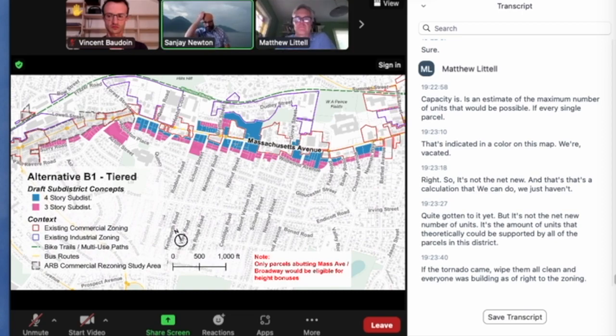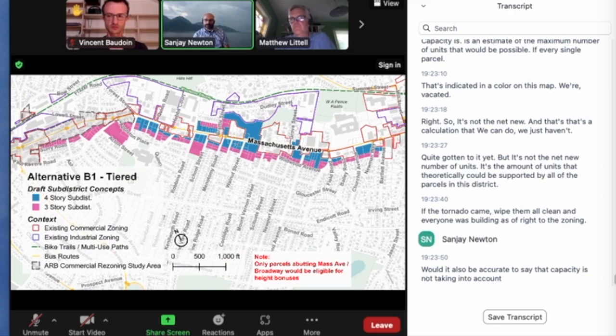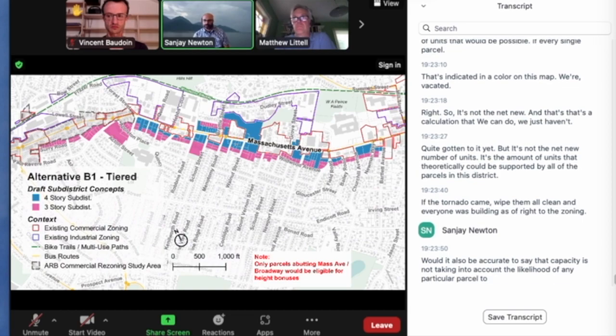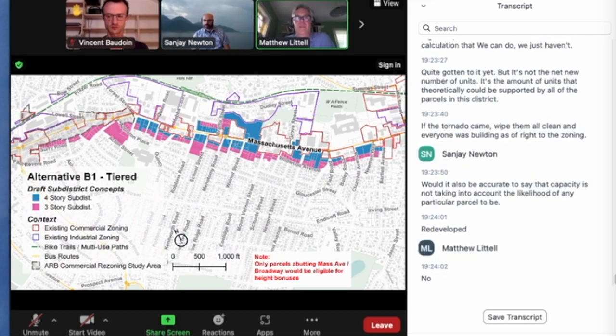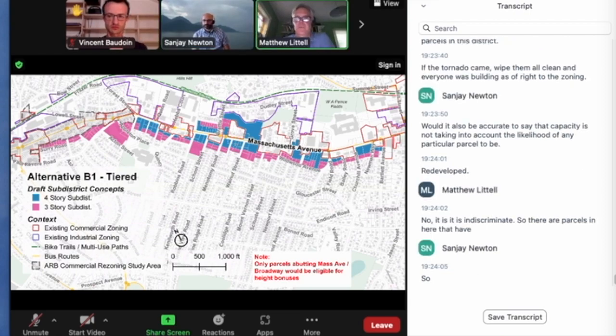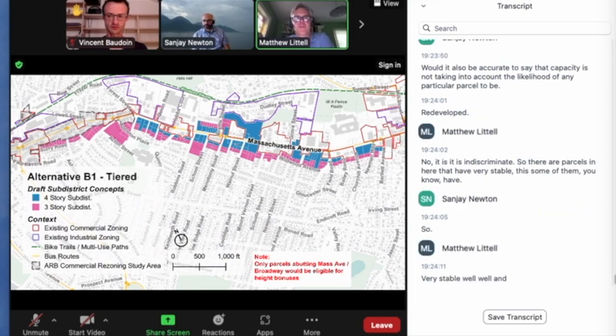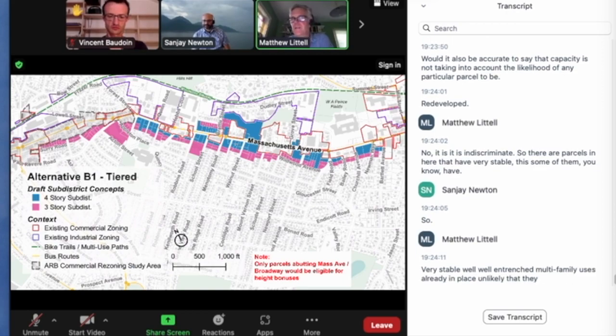Would it also be accurate to say that capacity is not taking into account the likelihood of any particular parcel to be redeveloped? No, it is indiscriminate. Some parcels in here have very stable, well entrenched multifamily uses already in place, and it's unlikely that they would be moved.